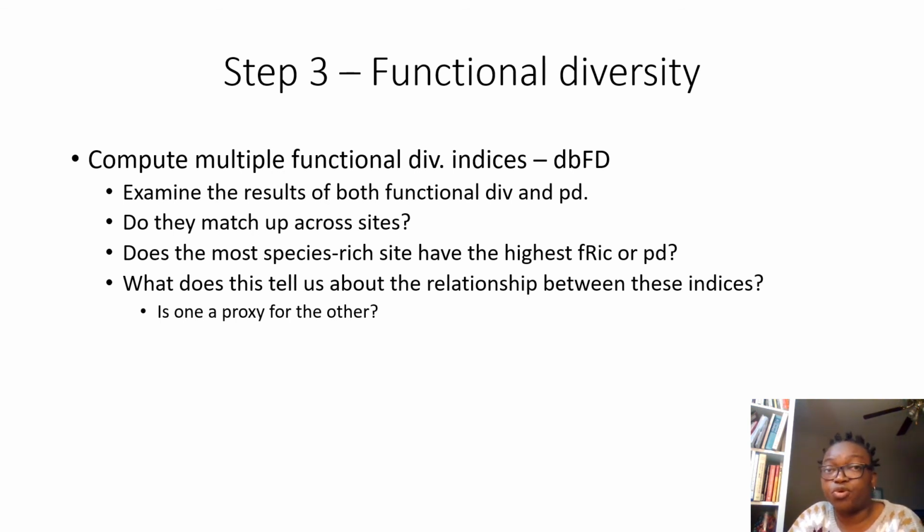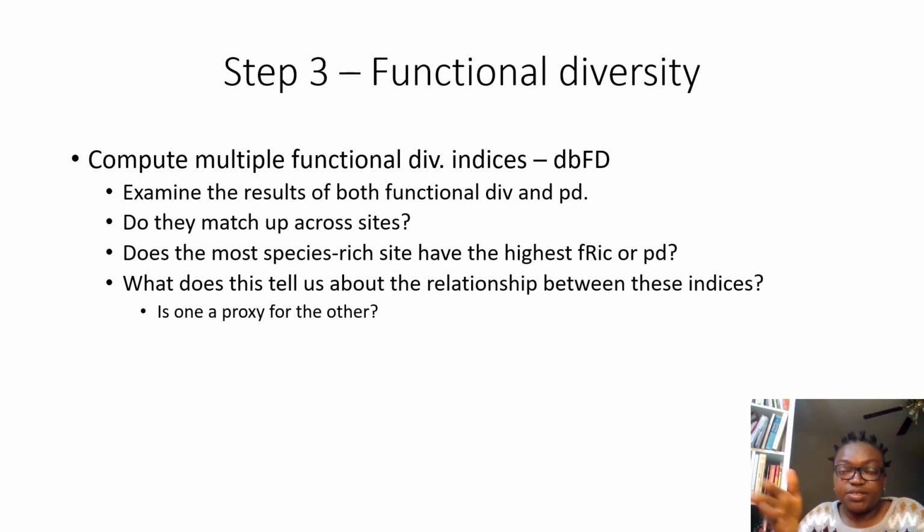People will typically report functional dispersion and functional divergence, but they're very complementary indices, and again, it's up to you. There's even the community weighted mean of traits, and it's up to you to use that if you're interested in that. But in terms of just quantifying all these three measures of biodiversity, this is a demonstration of what's possible.